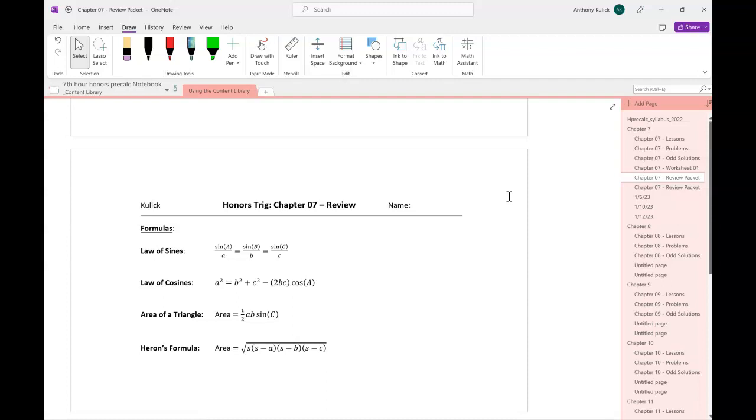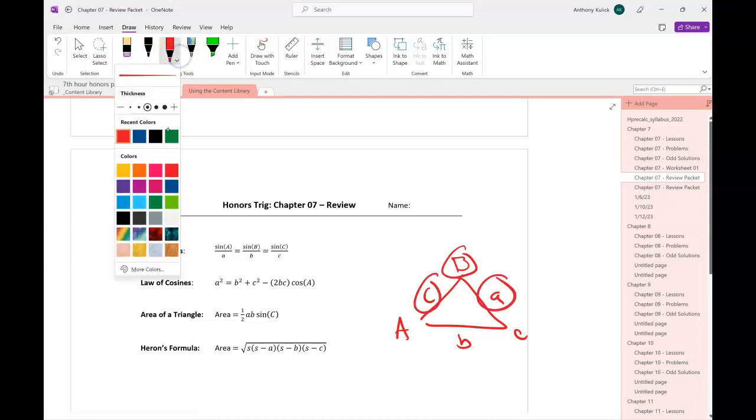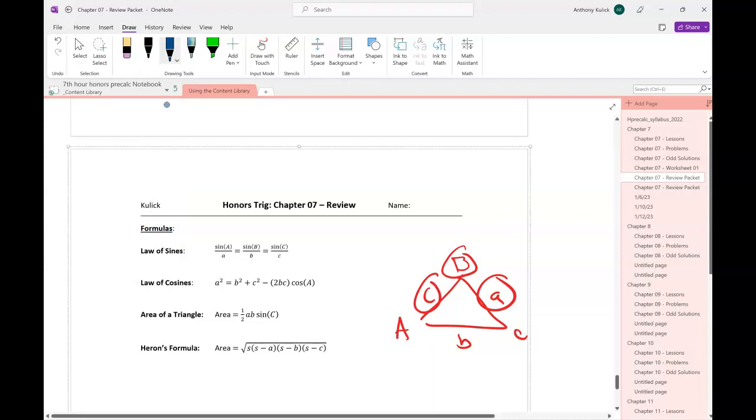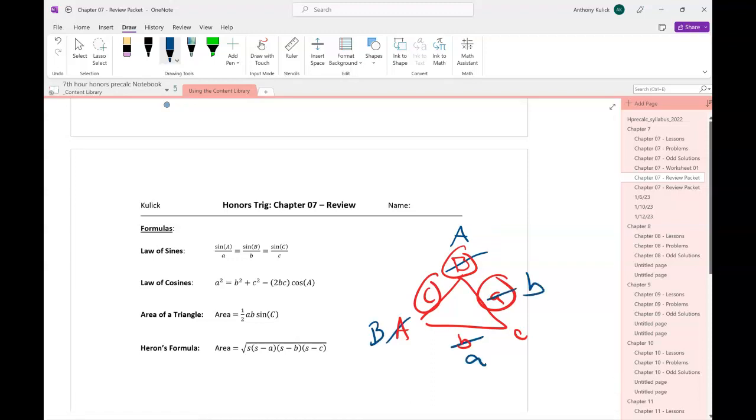And the same goes for law of cosines, like if you're solving for C. So if we have this situation where I know this, this, and this, and I'm trying to use that area formula, I'll just rename this as A, and this is B, and that's A, and then the formula is what it is. Is that what you mean? Yeah. So you just make appropriate substitutions and you can relabel things, and that's fine.